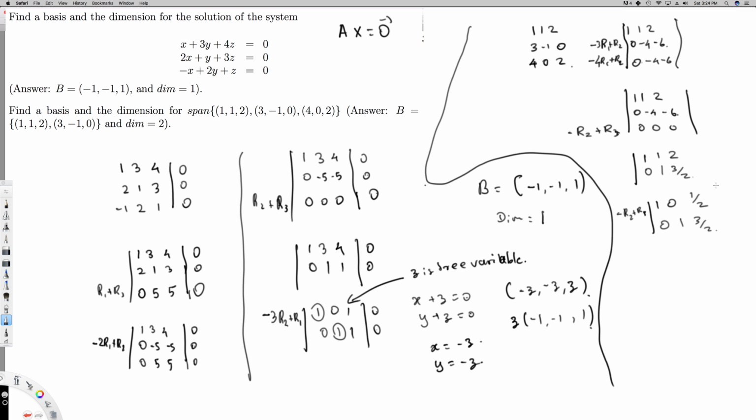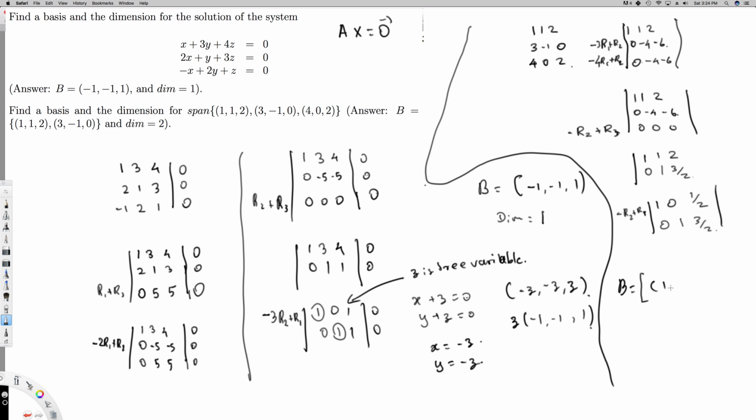So from this we know that we have two linearly independent vectors, therefore these two are going to be my basis. So B is equal to, from this we can select the rows that have pivots. In this case the rows 1 1 2 and 3 minus 1 0 are the rows that have pivots, therefore I put these as the basis.